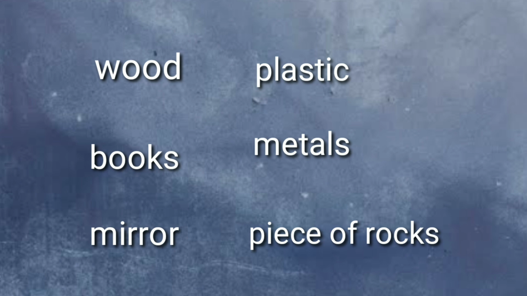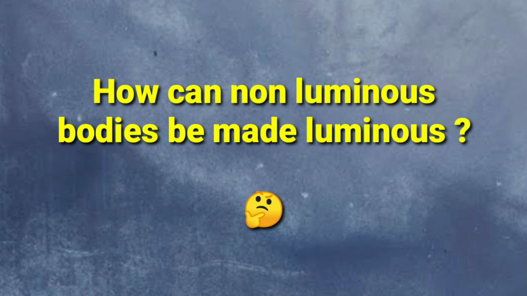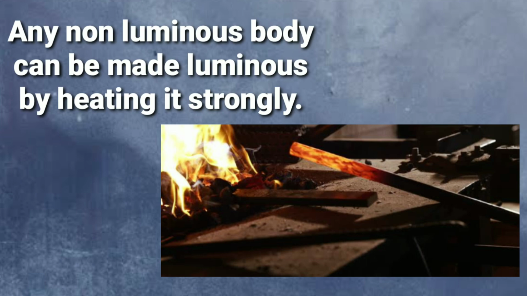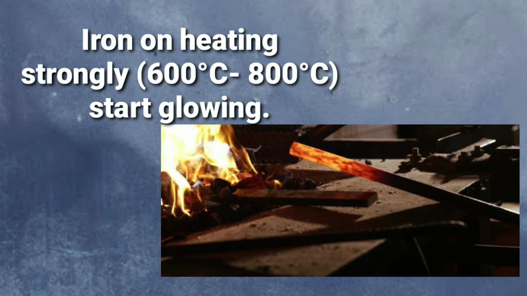One thing that is coming in my mind, how can a non-luminous body be made luminous? Yes, any non-luminous body can be made luminous by strong heating. I will suggest you take an iron wire and heat it on a gas flame. On strong heating, after some time, the temperature of the iron will reach between 600 degrees to 800 degrees.